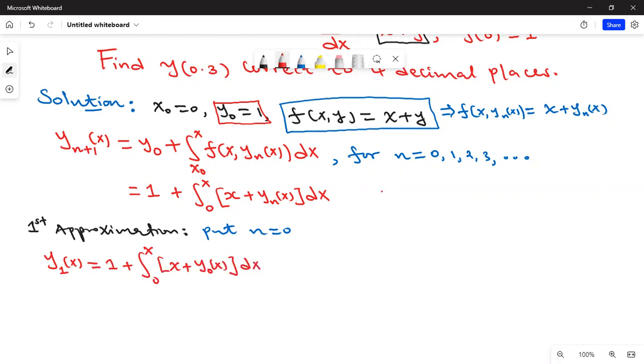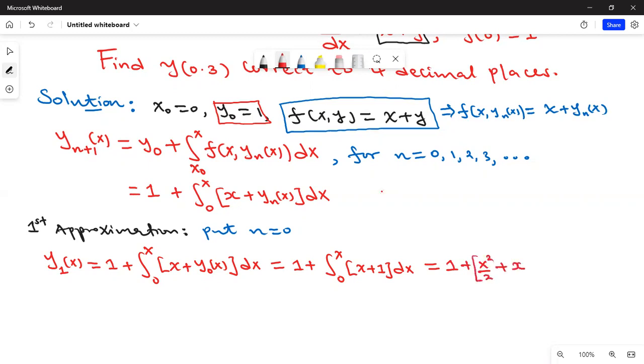But we know y naught. Y naught is 1, so I'm going to replace it by 1. So what we're integrating is simply 1 plus the integral from 0 to x of x plus 1 dx. And when you integrate this, you're going to get 1 plus x squared over 2 plus x.